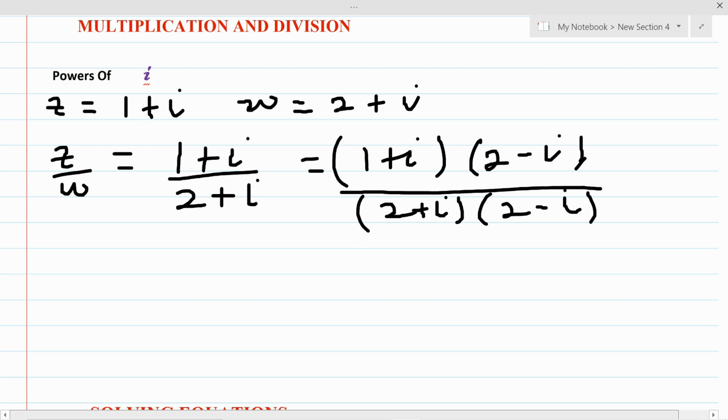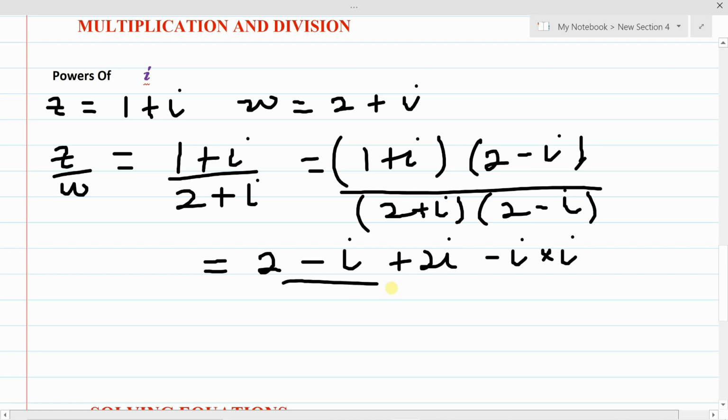Okay, and this will give us 1 times 2 becomes 2, 1 times -i becomes -i, plus 2i, then -i times i, so we have negative times i squared. I squared is -1, and times negative becomes positive.